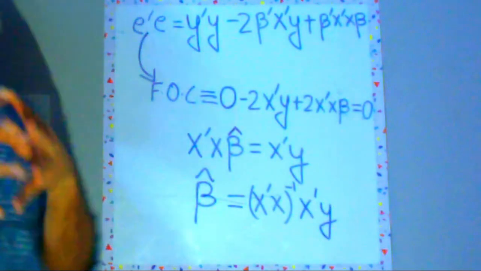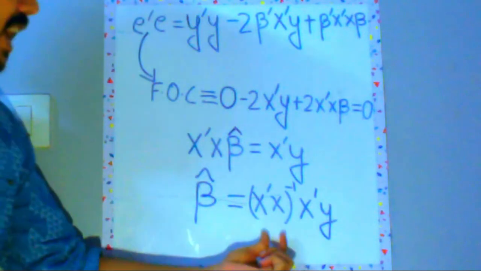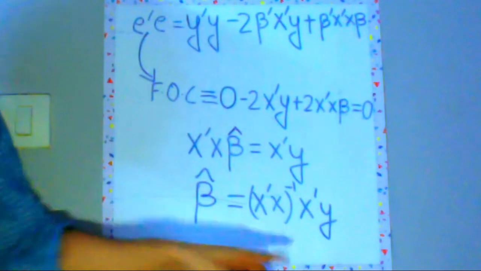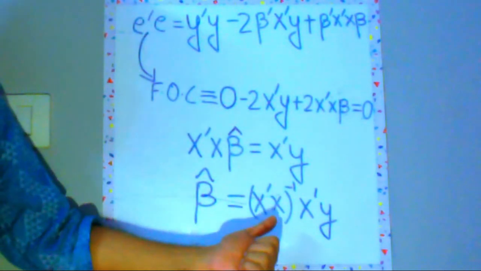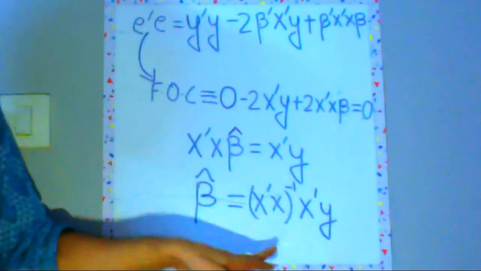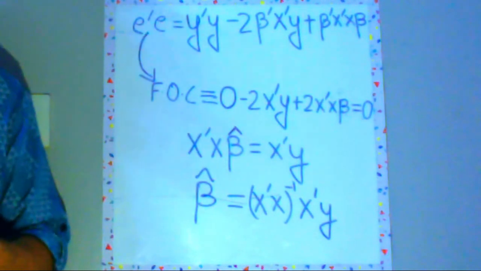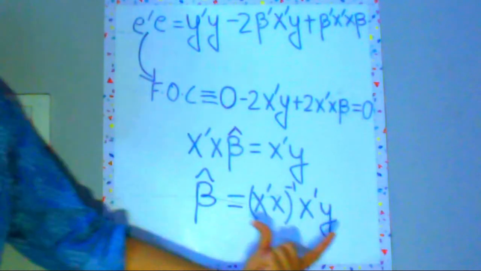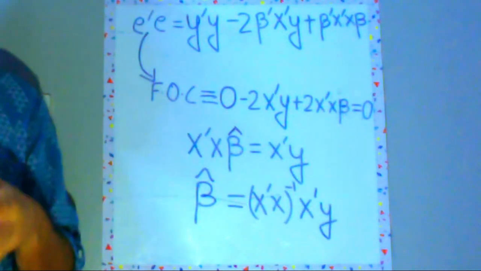Now if you remember our assumption on the determinant of x transpose x, it had to be non-zero, and now you can understand why. If the determinant of x transpose x is zero, then you cannot find the inverse of x transpose x, and if you cannot find the inverse, then you cannot find the beta hat value or the estimate for beta.